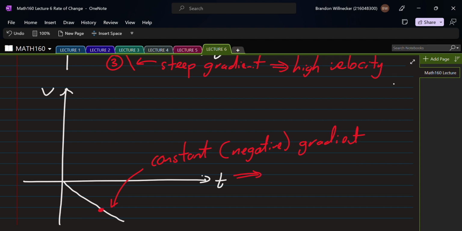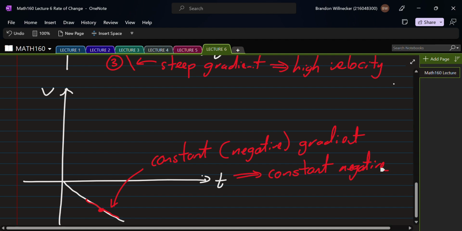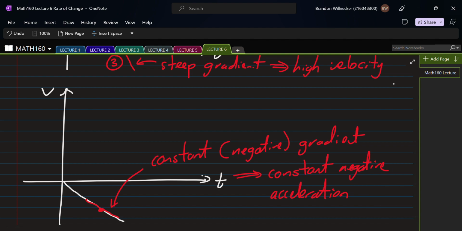Because at some point here, if we draw on the tangent line, we see that it's a negative tangent line sloping down. So we have negative acceleration. So this will be constant negative acceleration. Okay. And that's just from this example here.